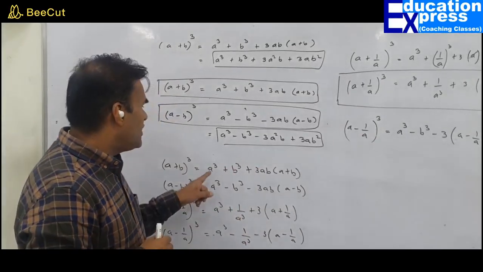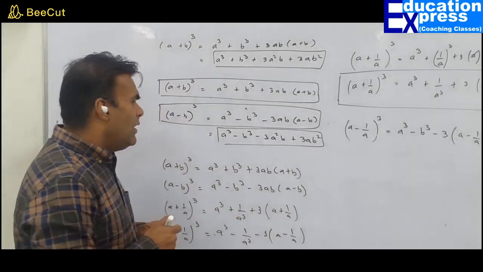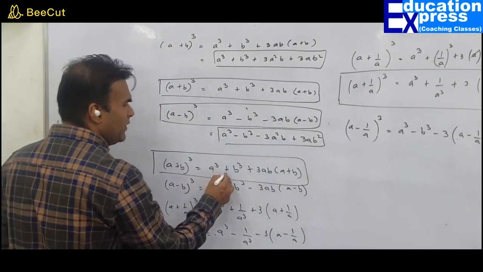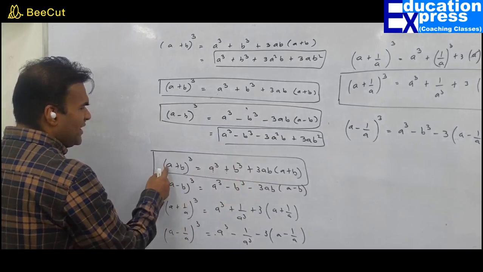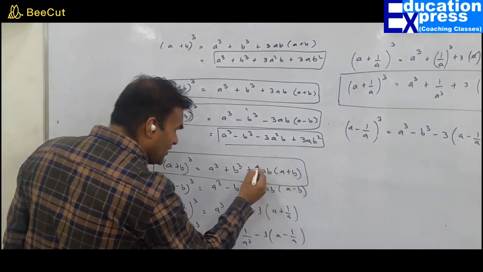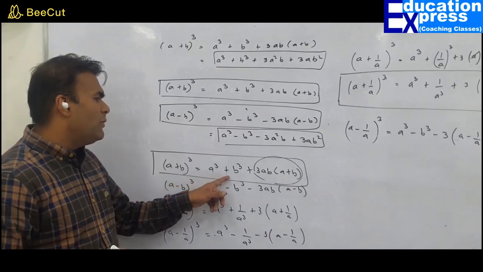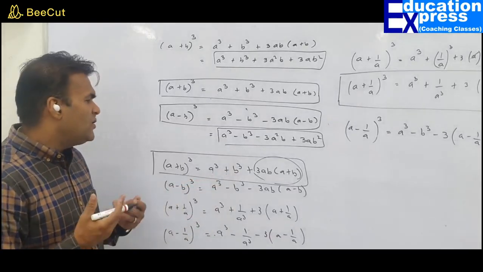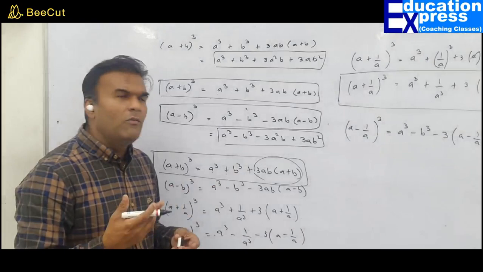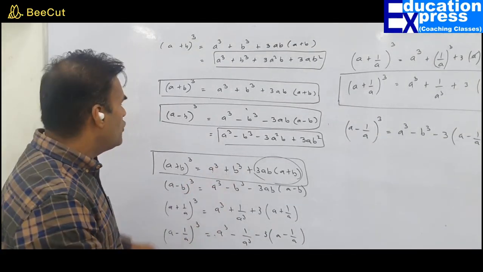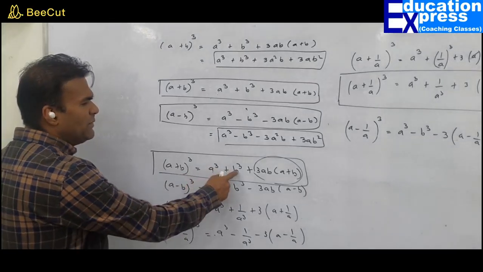Sometimes they may ask you the value of A cube plus B cube, but since this formula itself covers A cube plus B cube, what you need to do is take (A plus B) the whole cube and bring this portion to that side. So automatically you can make A cube plus B cube your subject. There is no need for us to remember any new formula for A cube plus B cube or A cube minus B cube. Those can be answered by making A cube plus B cube the subject.